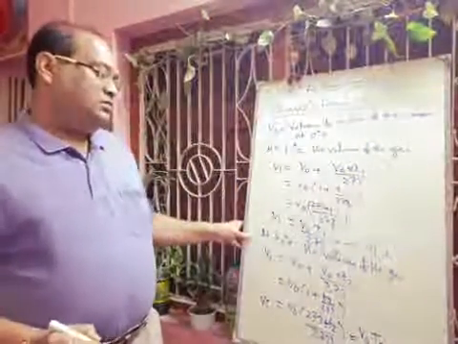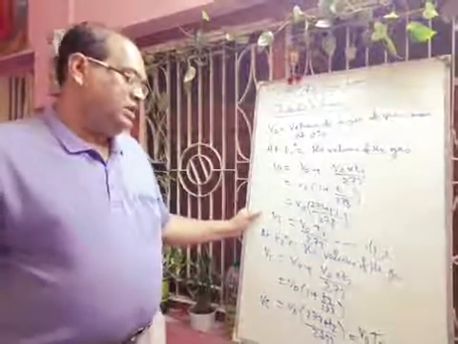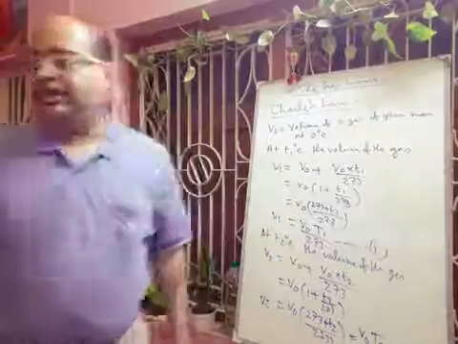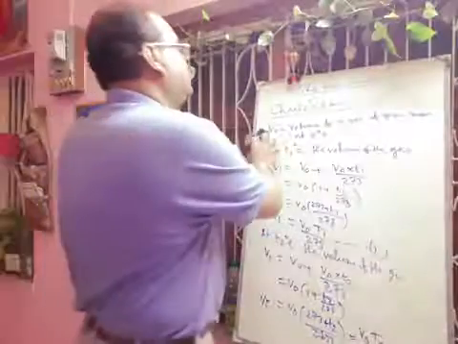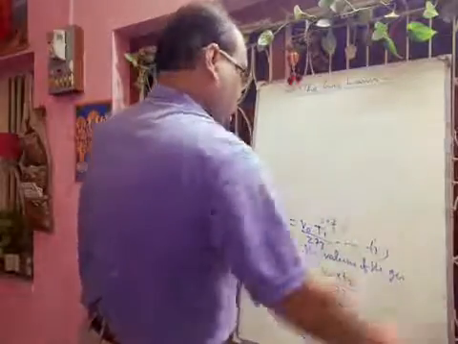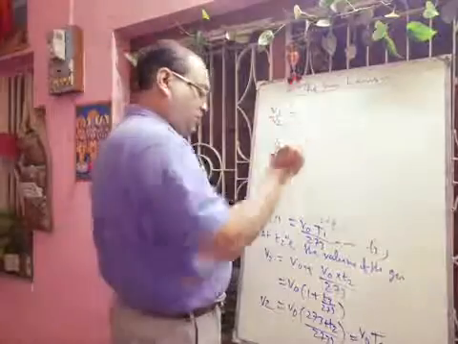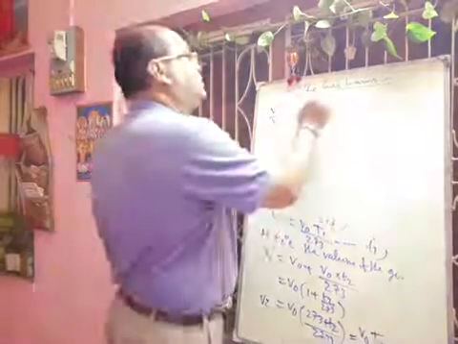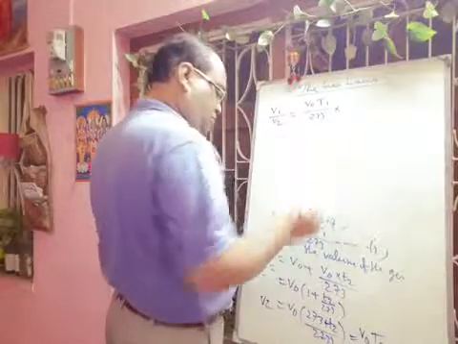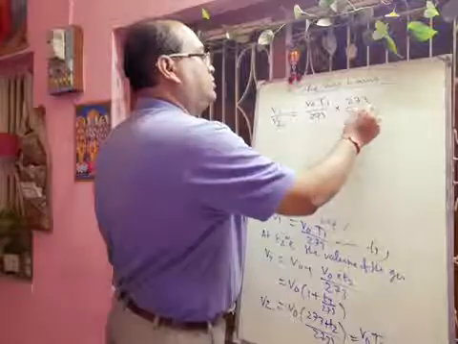Now if we divide these two, that means V1 by V2, what will be the expression here? V1 by V2 will be equal to V0 T1 by 273 into 273 by V0 into T2.